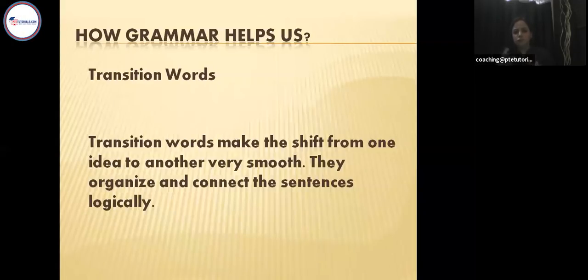That's why, for a smooth transition from one line to another, we need these words to connect the sentences logically. Logic is the main point here. Without logic, sentences cannot be written in the correct order.